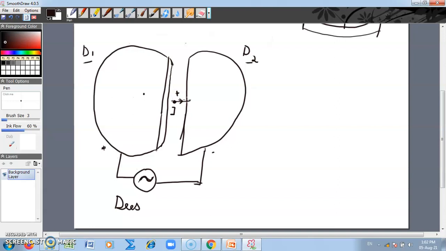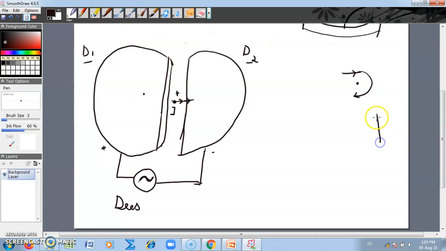Since there is a magnetic field applied perpendicular to it, the particle will come this way, because you know that a charged particle, when a magnetic field is applied, moves in a circular path perpendicular to that magnetic field.